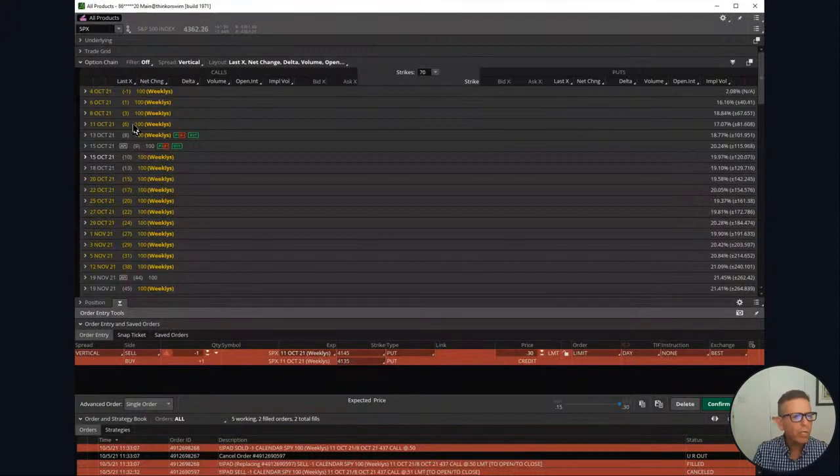But 6, the reason that I'm going to use 6, and typically I don't like to use expirations that end on Monday, is because we have 3 days on Friday, and a lot of the decay happens between Thursday and Friday because it prices in the weekend.